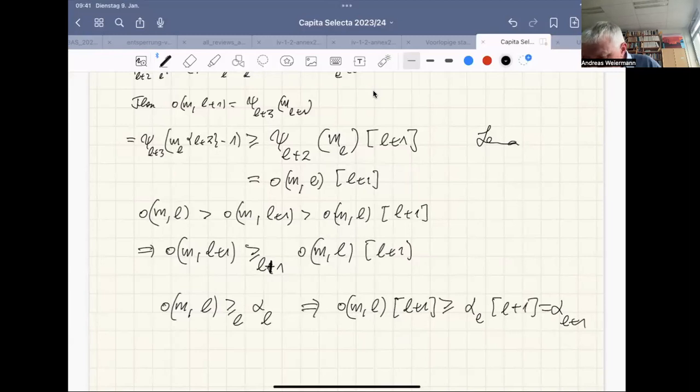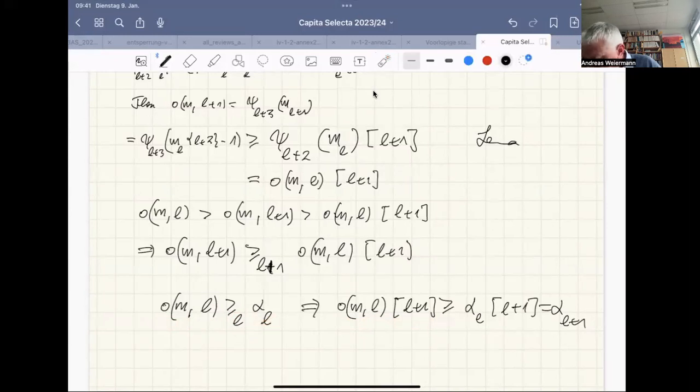So if it is possible to step down here along L, by a lemma we can here replace L by L plus 1, that's fine. So if we step along this number at L plus 1, finally we will hit this number.